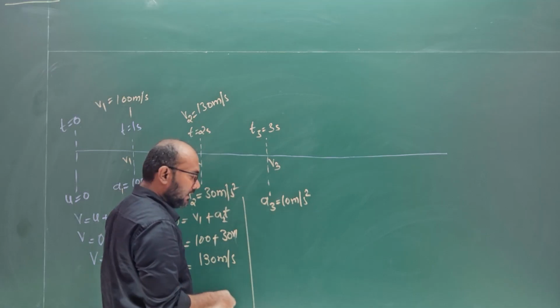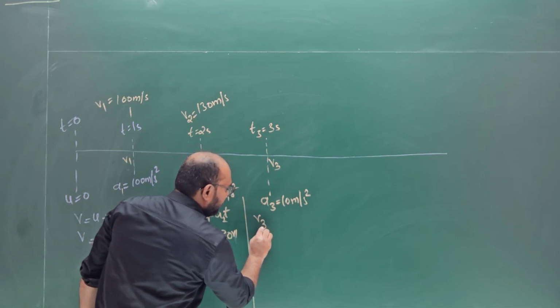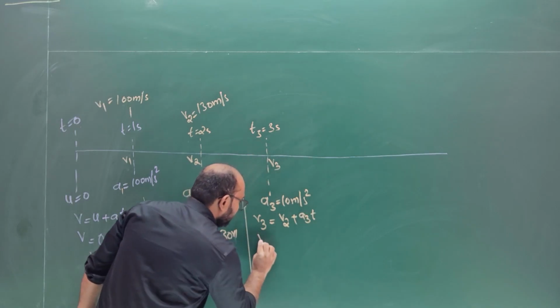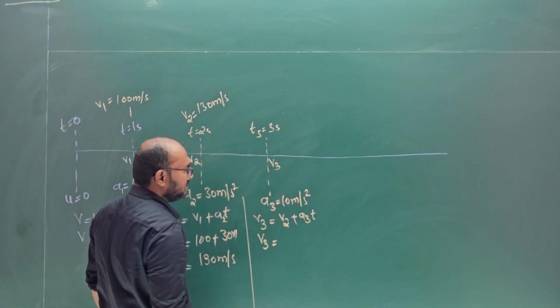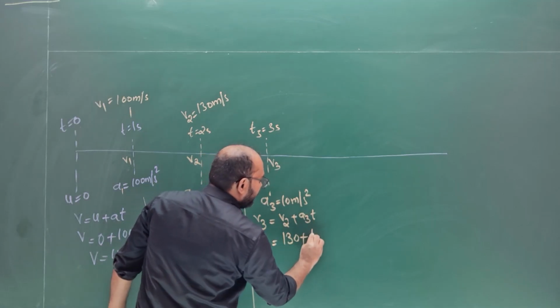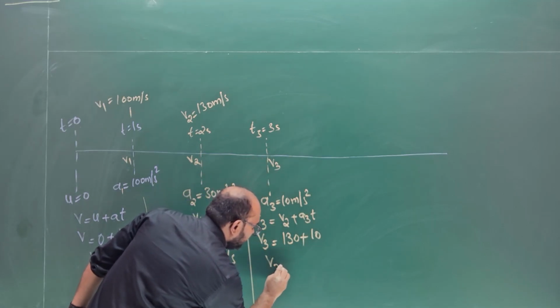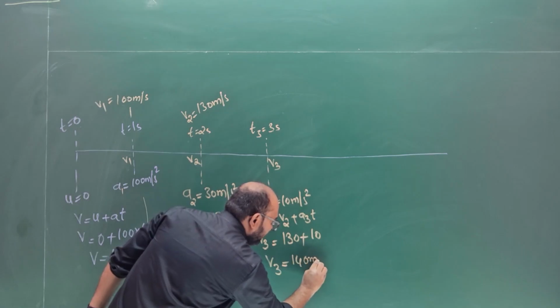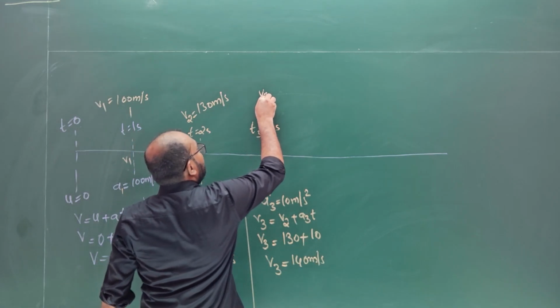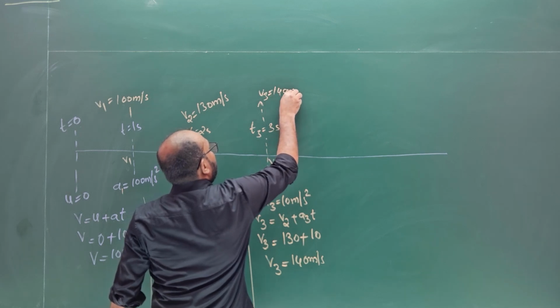Now v3 is nothing but v2 plus a3 t again. So v3 is v2, 130, plus 10. So v3 is equals to 140 meter per second.